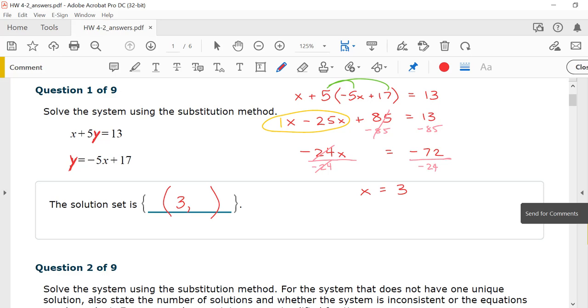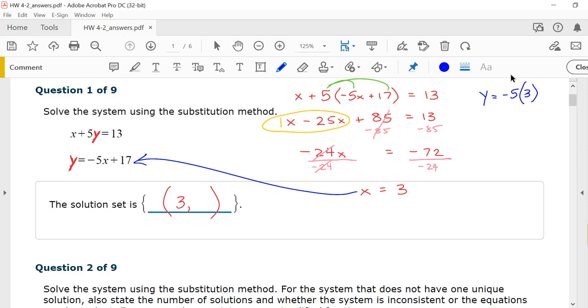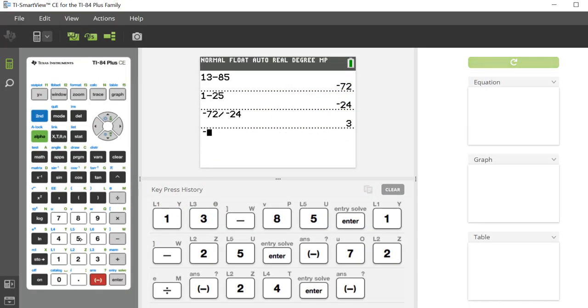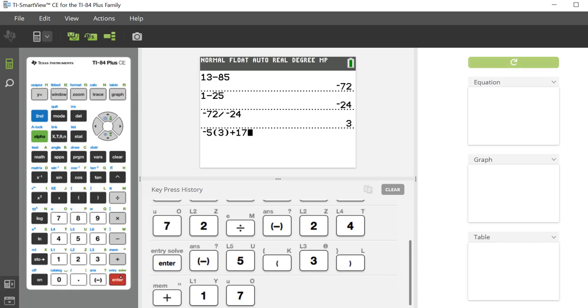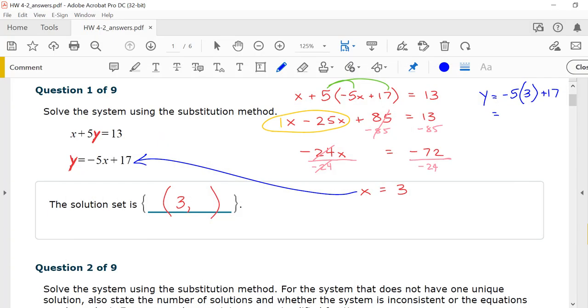So I'm going to plug that x into this equation to solve for y. Y equals negative 5 times 3 plus 17. Negative 5 times 3 plus 17 is 2. So my solution set is 3, 2.